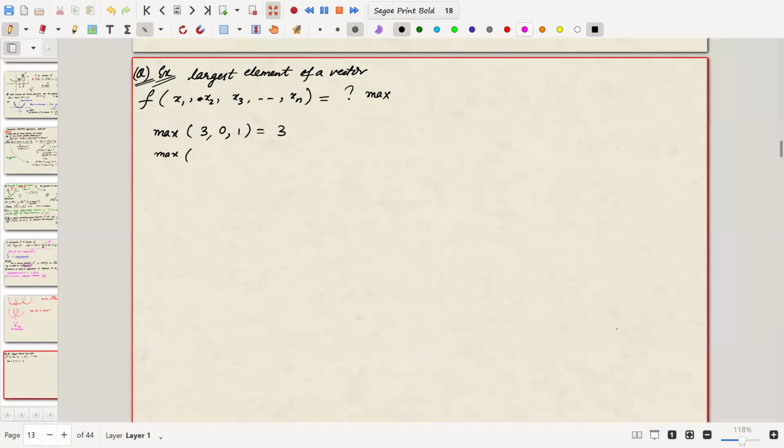Similarly, max of, say, 2, 1, half. 3 is not in the elements, right? This one is done; this one I am asking: max of 2, 1, half.